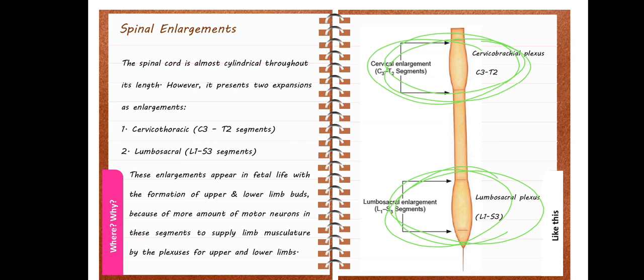These are called spinal enlargements, and there are two in number. Don't forget it. The cervicobrachial plexus is from the cervical enlargement, the lumbosacral plexus is from the lumbosacral enlargement. The first is from C3 to T2, and the second is from L1 to S3 spinal segment.